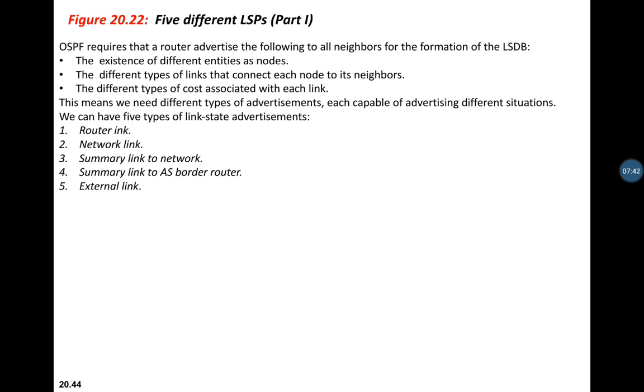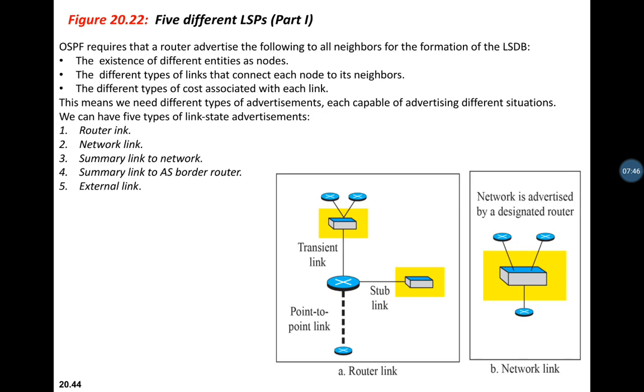Next is about the link state advertisement. In open shortest path first, routers advertise the state of each link to all the neighbors for the formation of the link state database, that is LSDB.